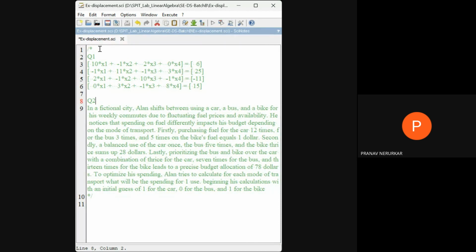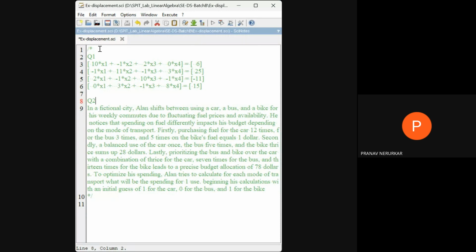Next, 2x1 minus 1x2 plus 10x3 minus 1x4 is equal to minus 11. Then 0x1 plus 3x2 minus 1x3 plus 8x4 is equal to 15. And you have to find out what x1, x2, x3, x4 satisfy this set of linear equations.